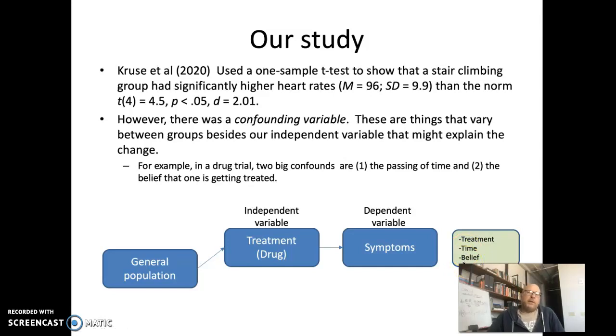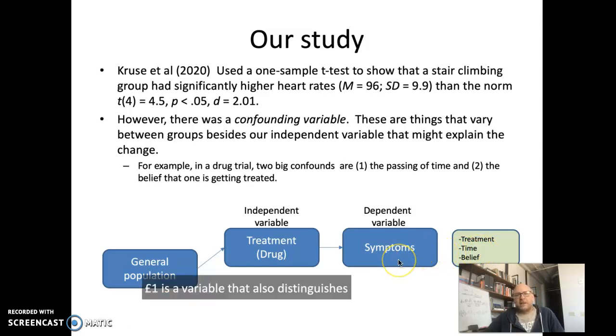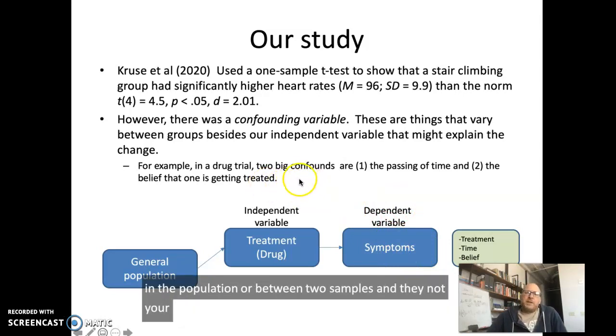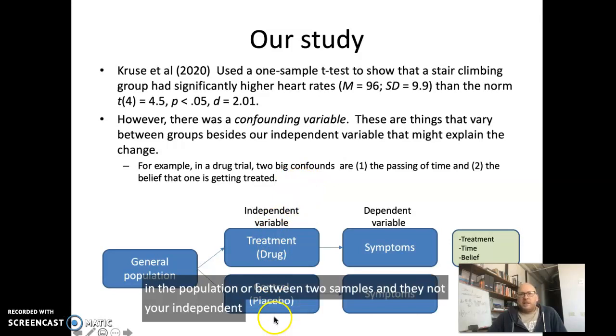And it's been shown that things like reduced stress, taking better care of yourself in terms of diet and exercise, those are all associated with treatment belief. So what we do in experiments is we create another condition, and that makes this the independent variable. It can vary between being a treatment, which is a drug, or a control condition, which is a placebo.